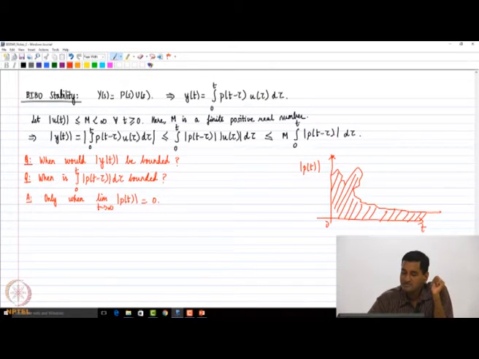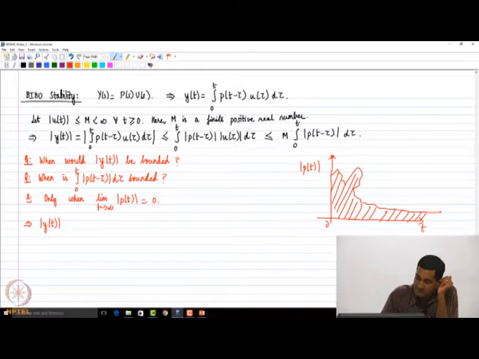What is the only scenario when the integral will be bounded, when the area will be bounded? Only when the function itself goes to 0 as t tends to infinity. So this is the condition. We can immediately see that this implies that the magnitude of y of t is bounded for all time if the limit as t tends to infinity of P of t is equal to 0.